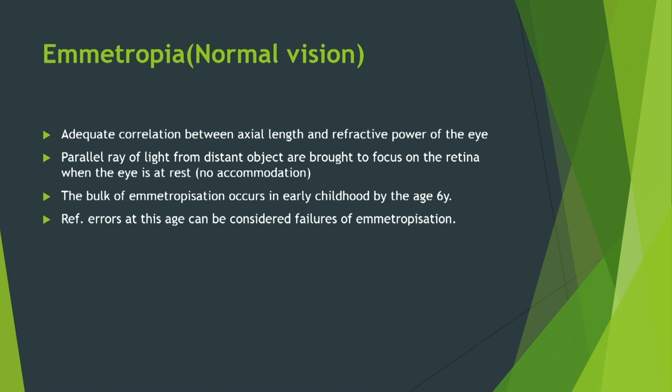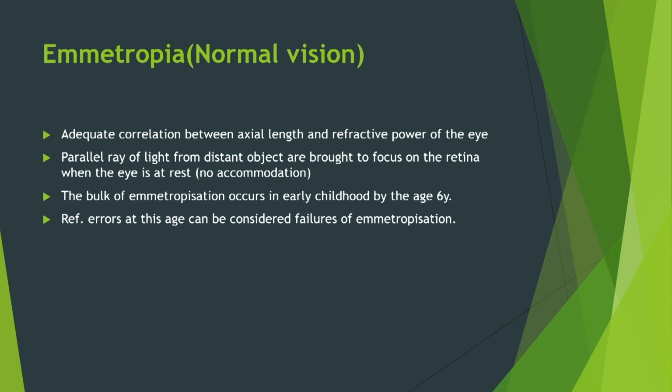Usually every child has a hypermetropic refractive error, and that is normal. With growth, the bulk of emmetropization happens during the first 6 years, and they usually become emmetropic by the age of 6 years, but it can start from 3 to 6 years.